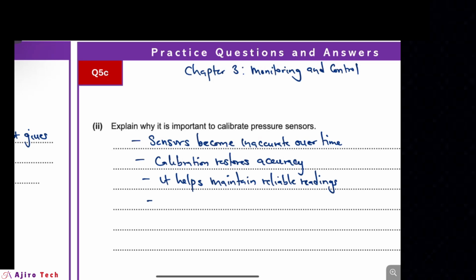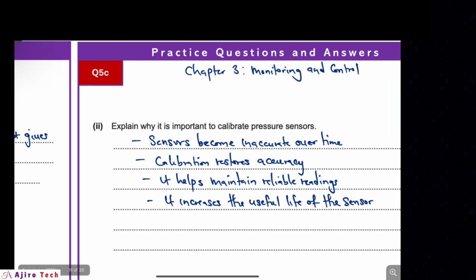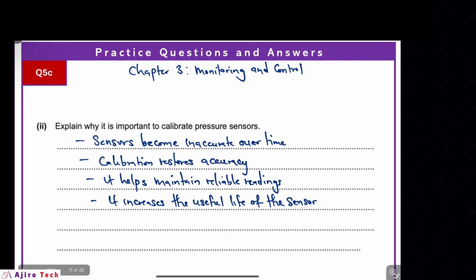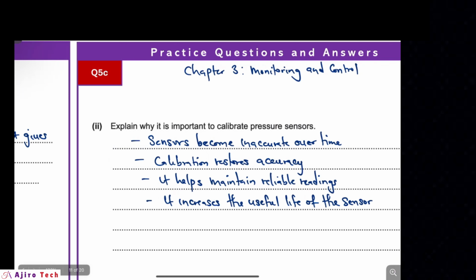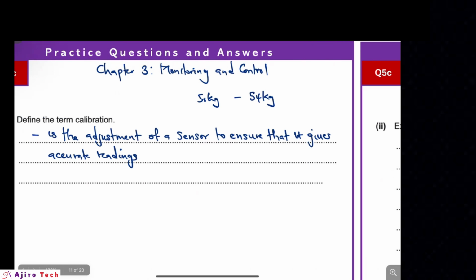There's an E here. It increases the useful life of the sensor. So that's what happens here. Okay. All right.